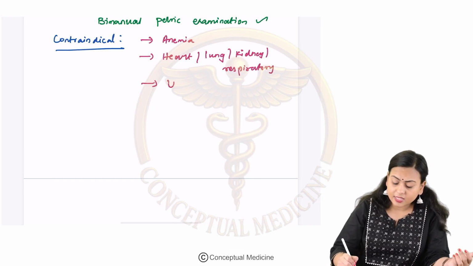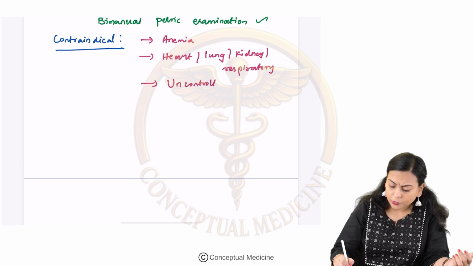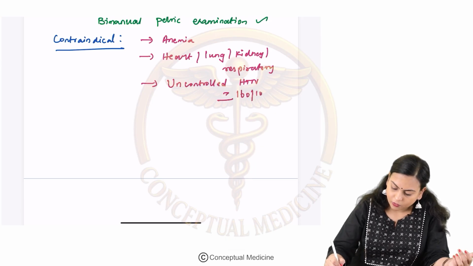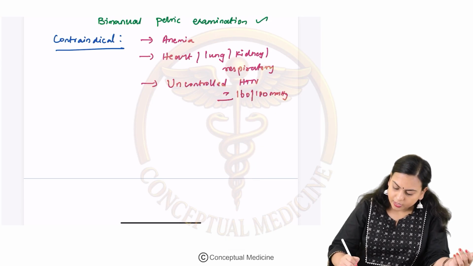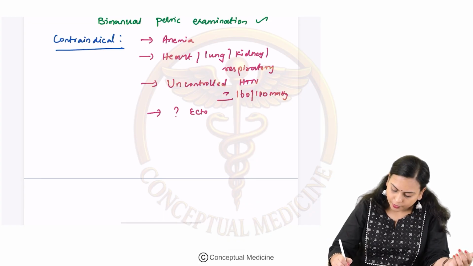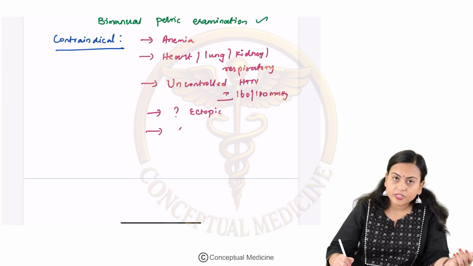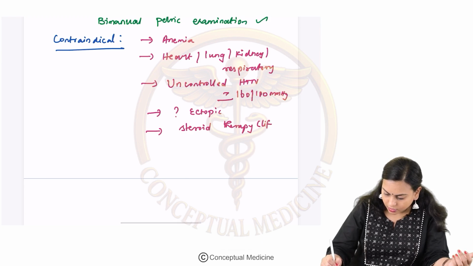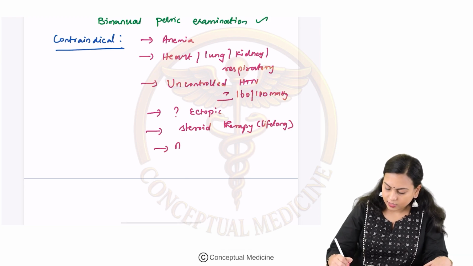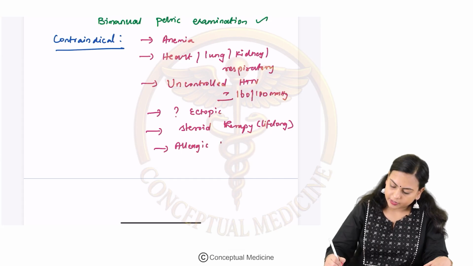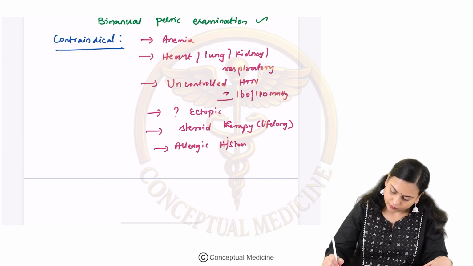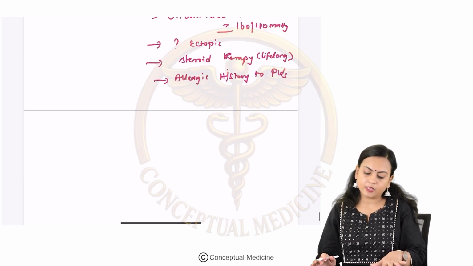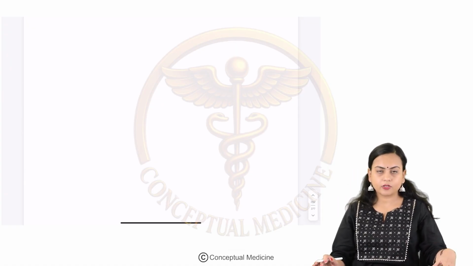And so in cases of uncontrolled hypertension also, okay, more than 160 by 110 millimeter mercury, and if you suspect it to be an ectopic pregnancy, okay, or she is on a steroid therapy, okay, lifelong, and when there is any allergic history to prostaglandins. Okay, so in all these cases, medical abortion in first trimester is contraindicated.